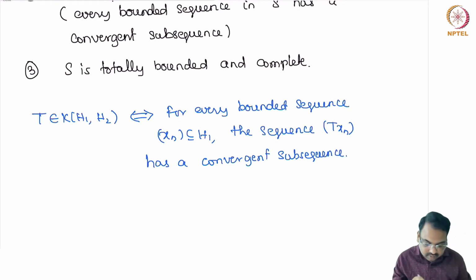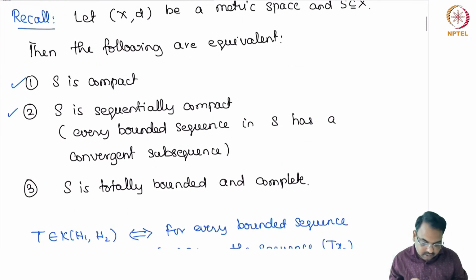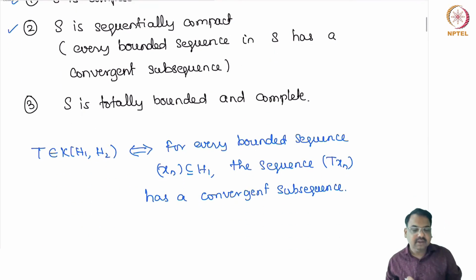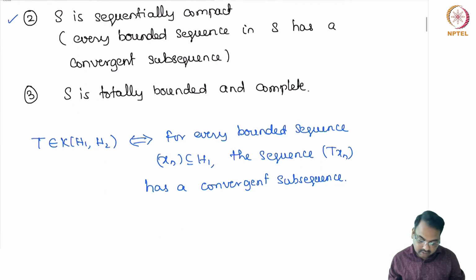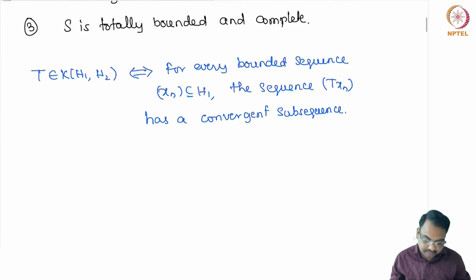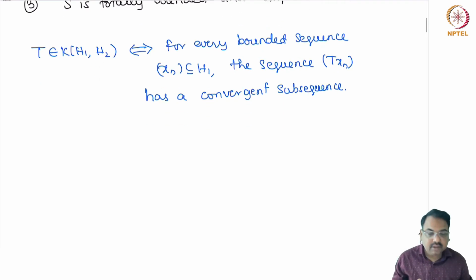This directly comes from the result that we have stated now for metric spaces, because whenever B is bounded, T of B is pre-compact. So if we use this metric space result to compactness, you will get this. So this we will be using again and again.